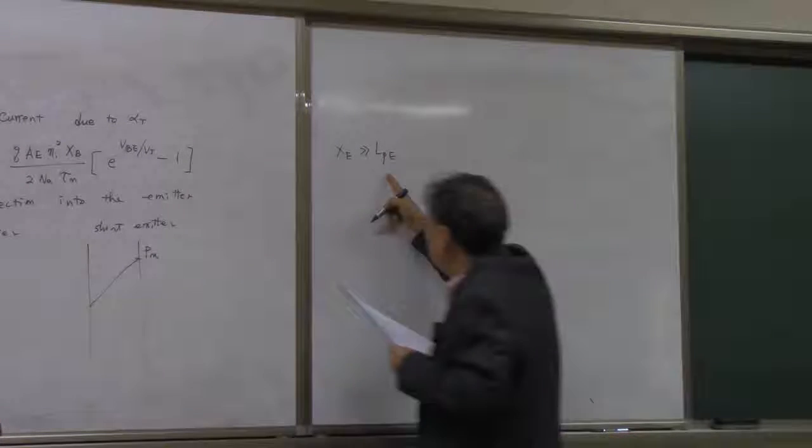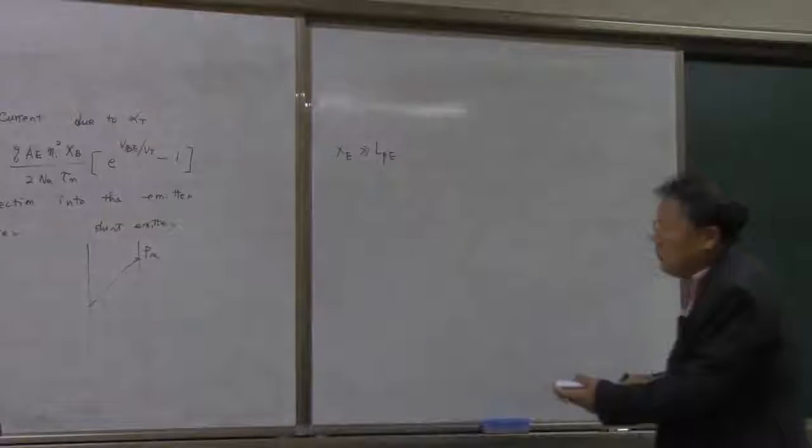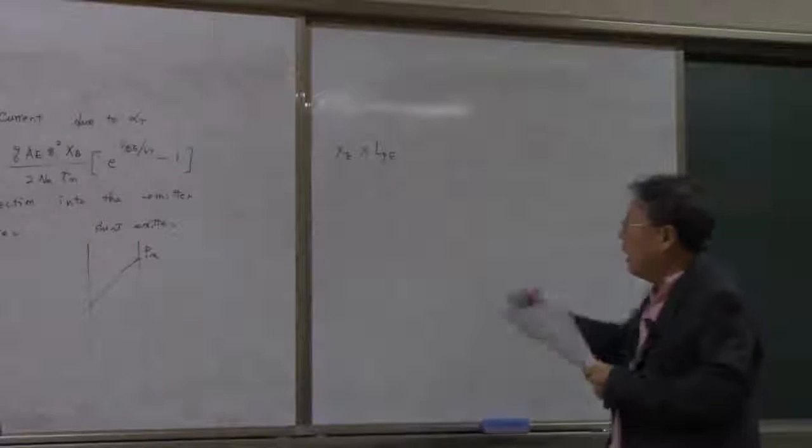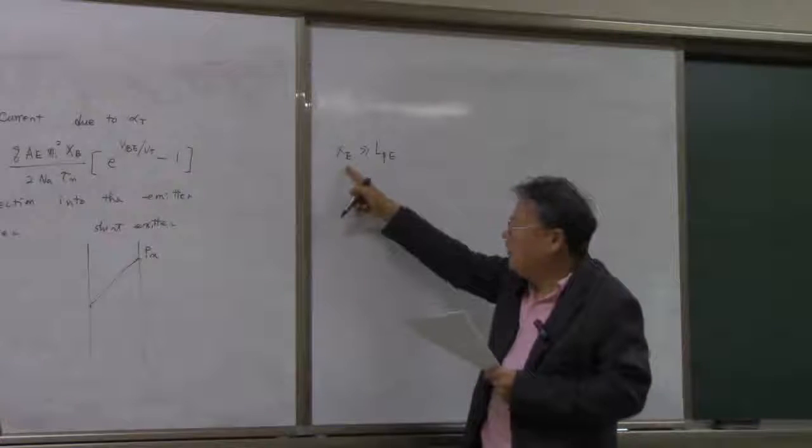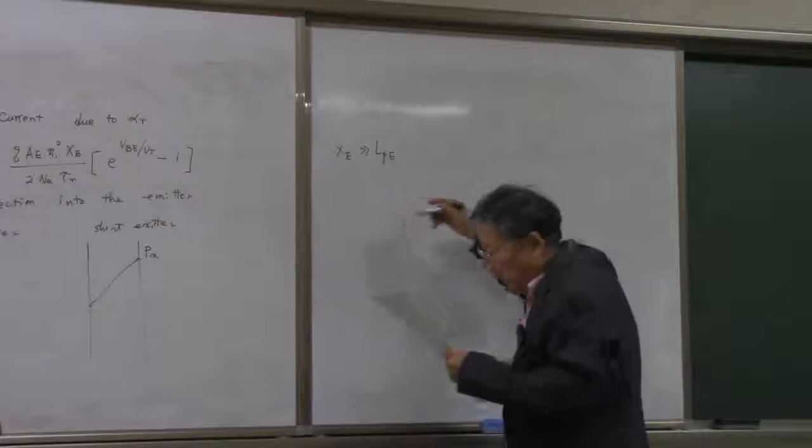Let's say the diffusion length of holes in the emitter is much less than the physical length of the emitter.